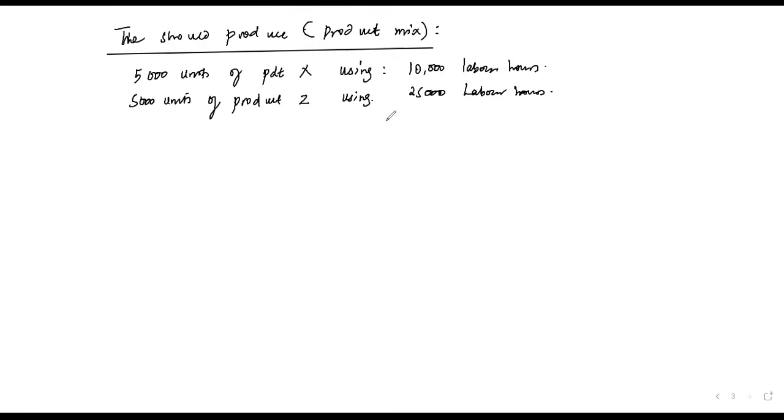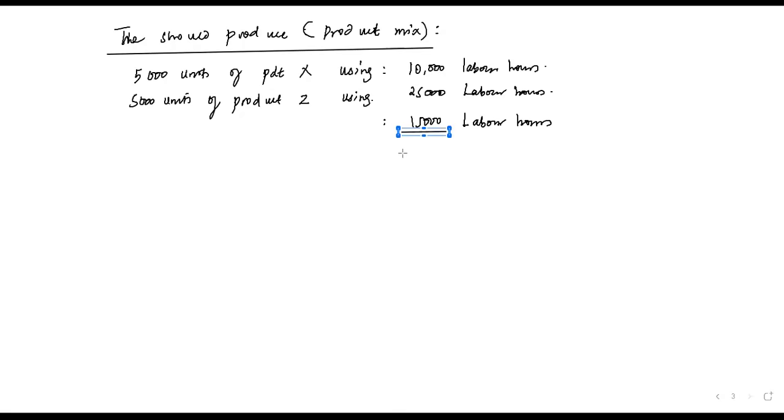That is our balance, the unused hours so far. After producing X and Z, we have 15,000 hours unused.